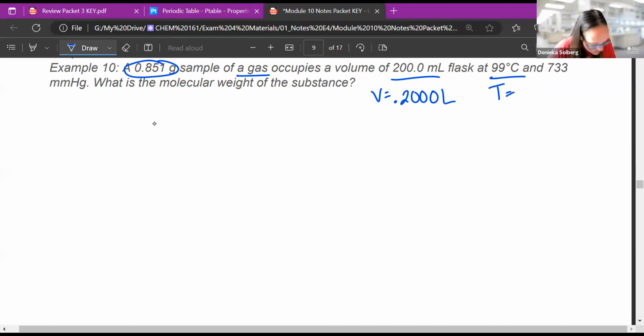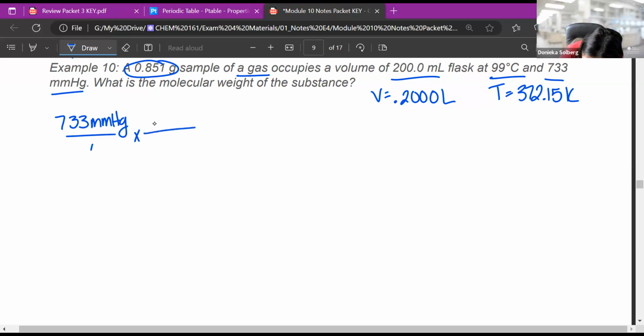So my temperature is 372.15 Kelvin. And then I have millimeters of mercury. Again, I'm going to put that into the unit that I need, which is atmospheres, because I'm going to use the R that has atmospheres. You can use the other R value if you don't want to convert it, but I like to just stay consistent.